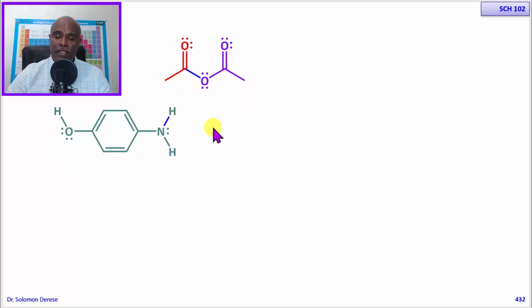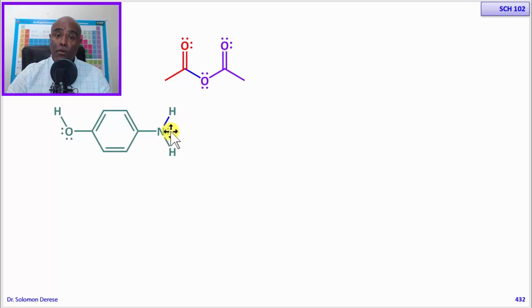We have further identified the bond formation is between this nitrogen and this carbon, where this one is the nucleophile and this one the electrophile. And then we went further and said it is the nitrogen of 4-aminophenol which is nucleophilic, and it is the carbonyl carbon of acetic anhydride which is electrophilic.